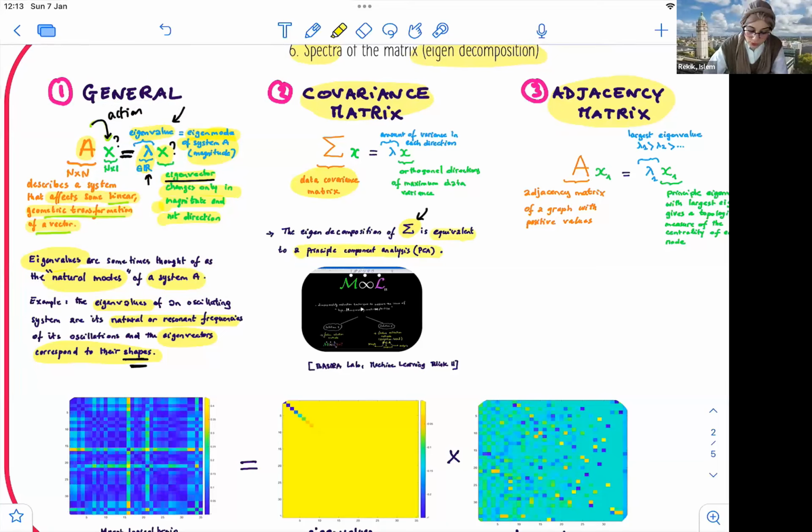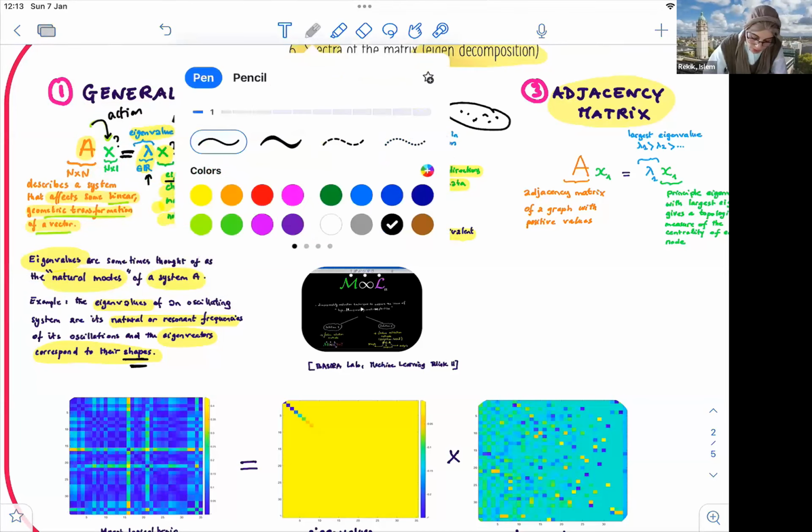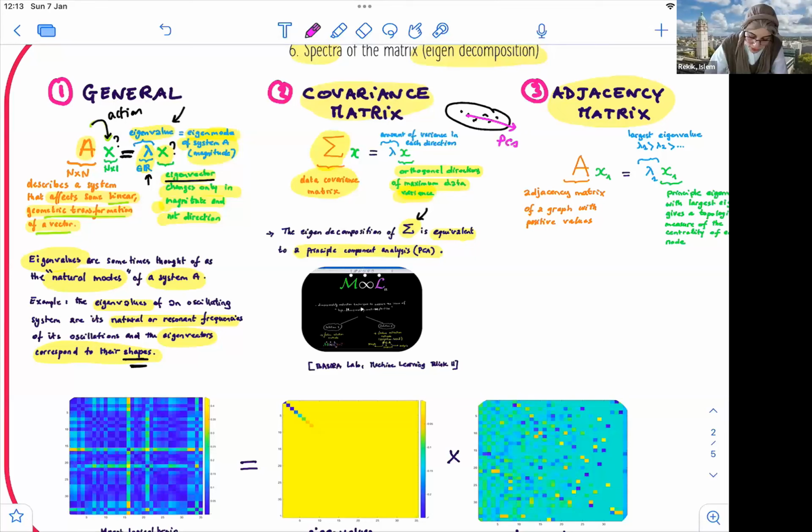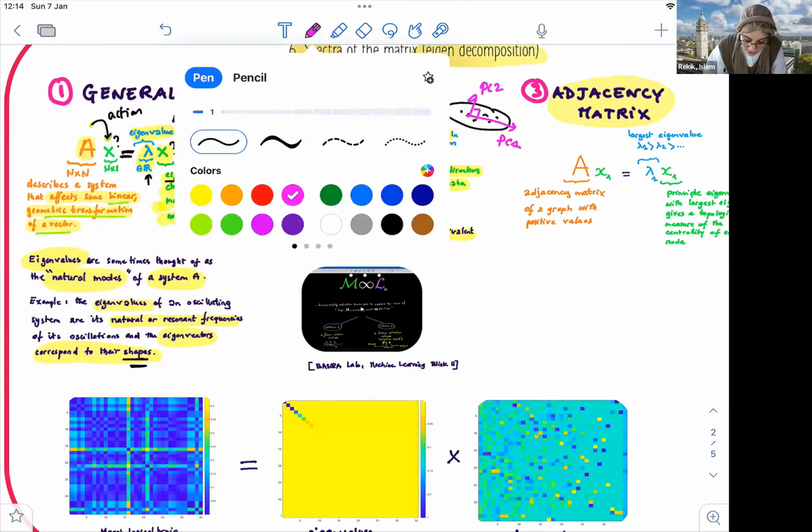When we do an eigen decomposition of our covariance matrix, the sigma, the eigenvectors will be a set of orthogonal vectors or directions of maximum data variance. So they maximize the data variance, and this is what we have seen. If we have a data distribution like this, we'll have PC1, which is the first eigenvector, and PC2, and they will be orthogonal. And the lambda is the variance in each direction. So the lambda quantifies the variance of the data.